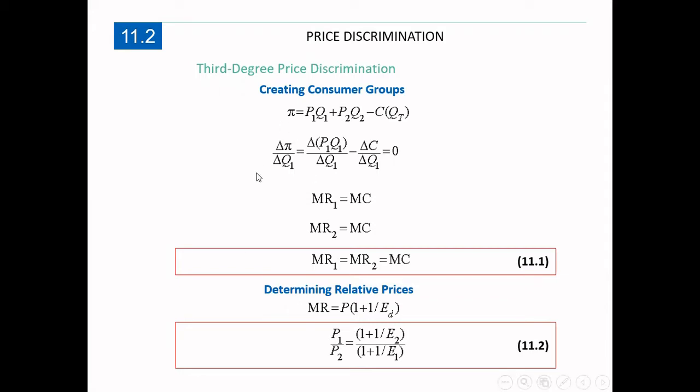If we look at the rate of change of the profit with respect to the quantity, we differentiate with respect to Q and with respect to the cost function until we reach marginal revenue 1 equals marginal revenue 2 equals marginal cost. So what do I mean by relative price?